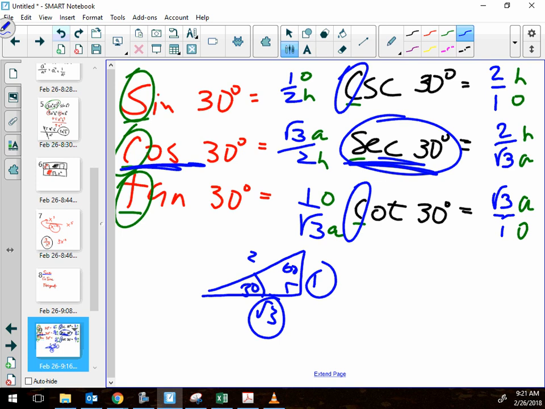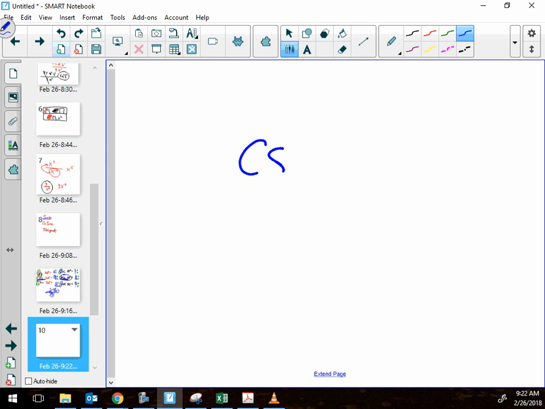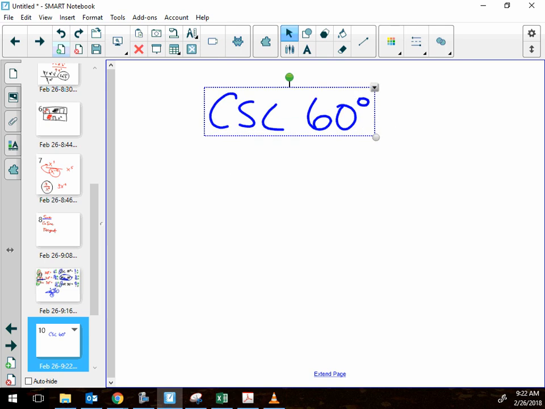Okay, so let's see if you caught that. Would you please figure out the cosecant of 60 degrees? Hint, you'll need your 30, 60, 90 triangle. And you're not actually going to do cosecant. Be rebellious and say, no, I'm not doing it.